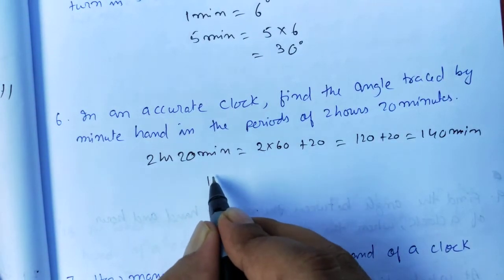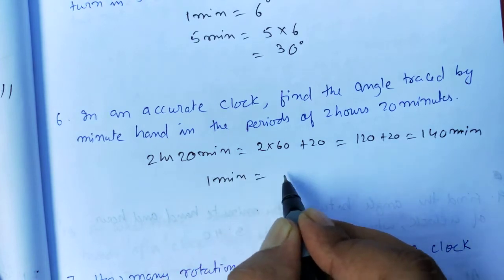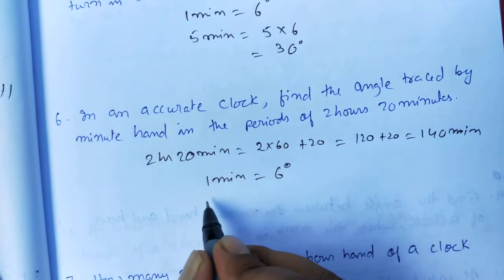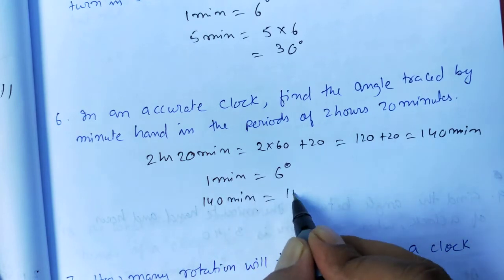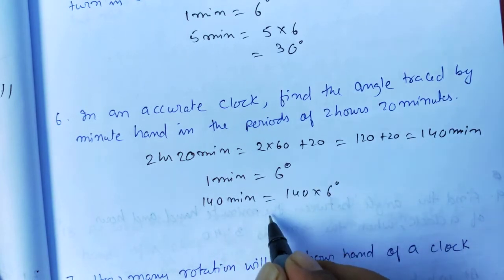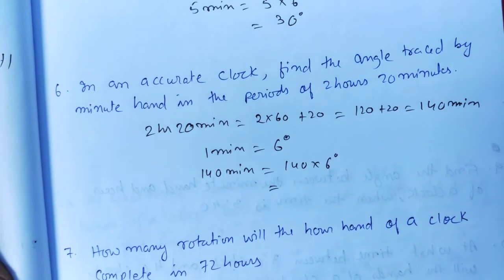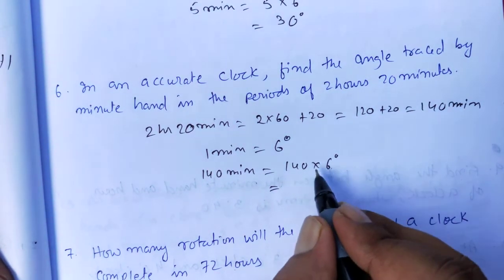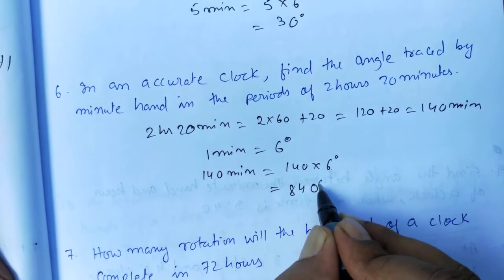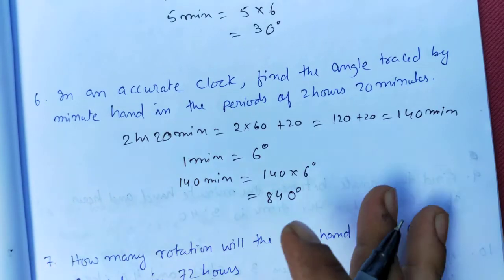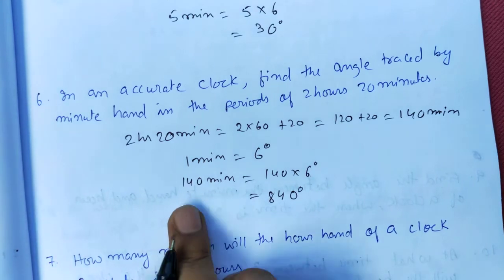So we know that in 1 minute the angle is 6 degrees. So in 140 minutes the angle will be 140 into 6 degrees. Multiply: 0, 6 4s are 24, 6 1s are 6, 7 8 40 degrees. So we converted into minutes and got the angle for 140 minutes, okay?